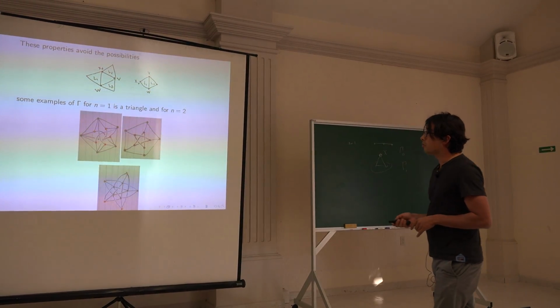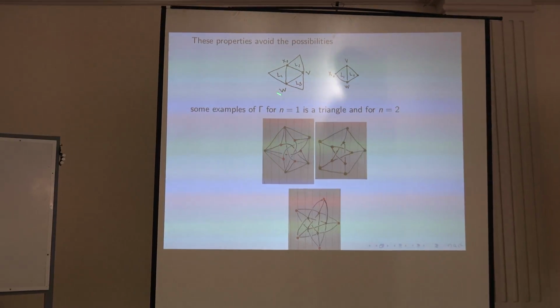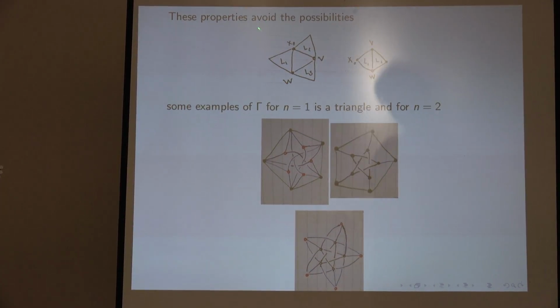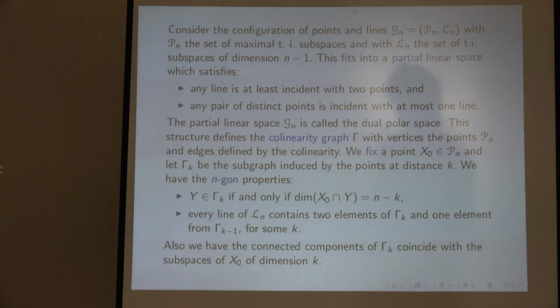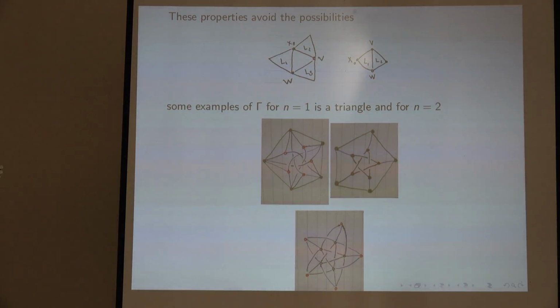So I want to show, for example, that you can have these graphs. Because what happens, for example, for this? For example, for this, you can show that the connected components of gamma k coincide with the vector space of dimension k.